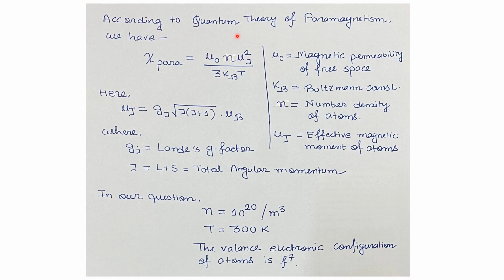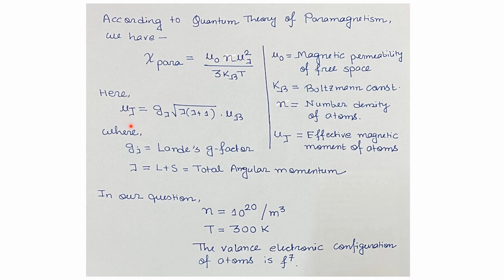According to the quantum theory of paramagnetism, we have the paramagnetic susceptibility chi equals mu naught times n times mu J square by 3 kBT. Here mu naught is the magnetic permeability of free space, kB is the Boltzmann constant, n is the number density of atoms, mu J is the effective magnetic moment of atoms.